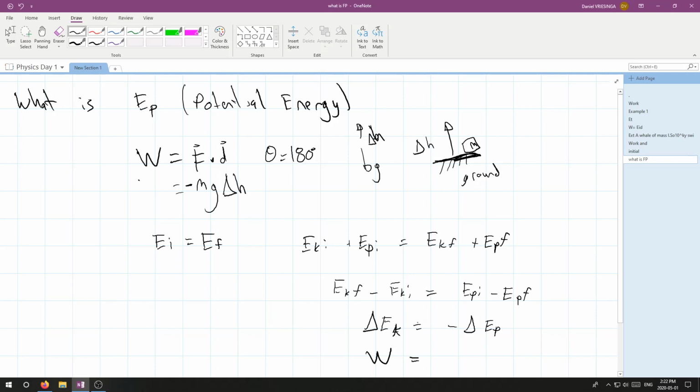And so if the change in potential energy is mg times the change in height, then this means that work equals the negative of mgh, which is also our work. So work equals work, and it all works out. But only if I define this potential energy as mg delta h.